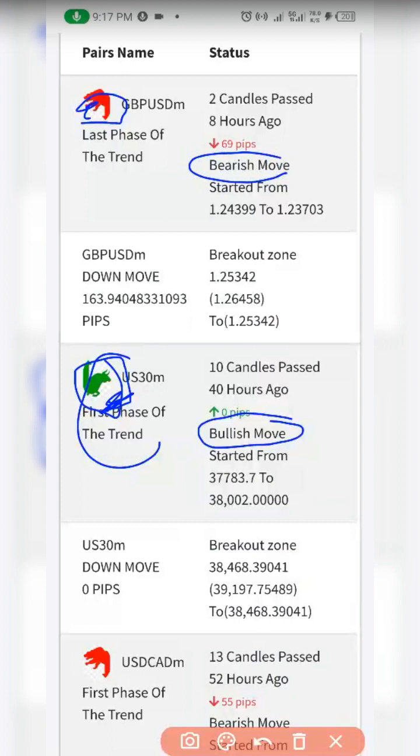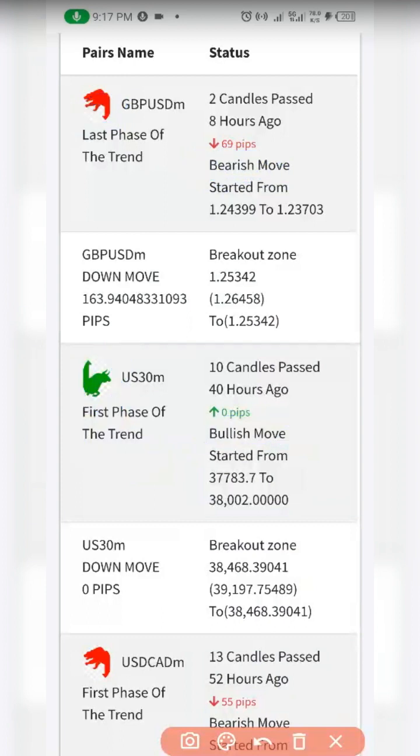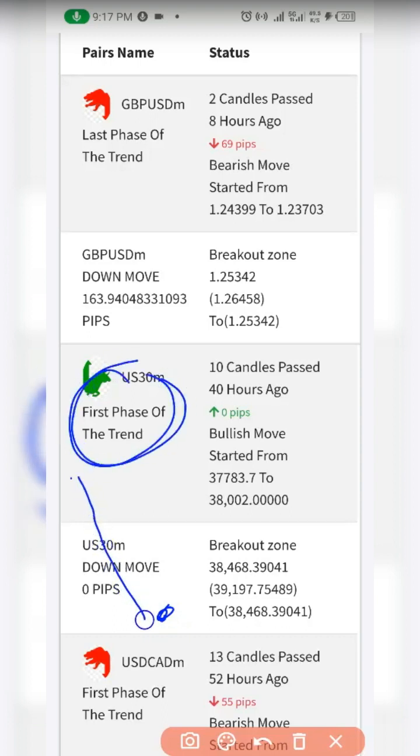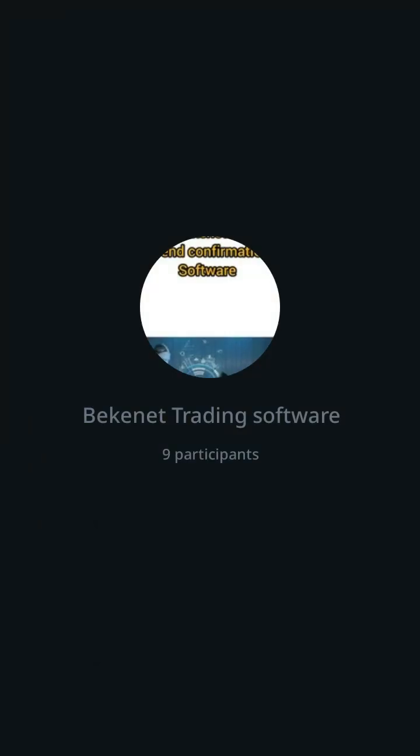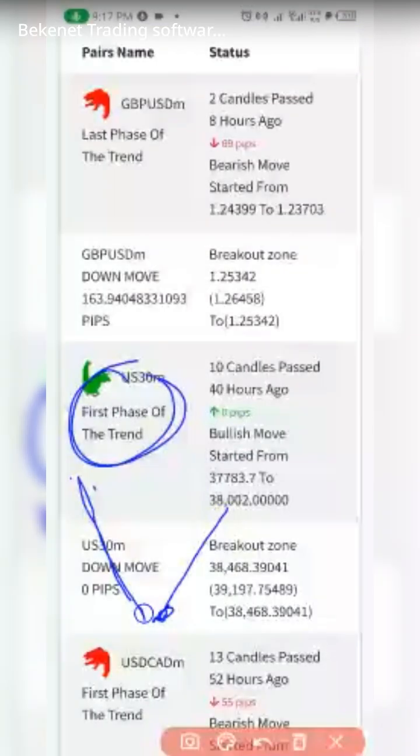If a price is on the first phase of a bullish move, it means the first phase just started from a point, meaning this pair US30 was selling before. You understand? It was selling before, then it entered the first phase of a bullish move, and there is the number of hours it has done this bullish move.